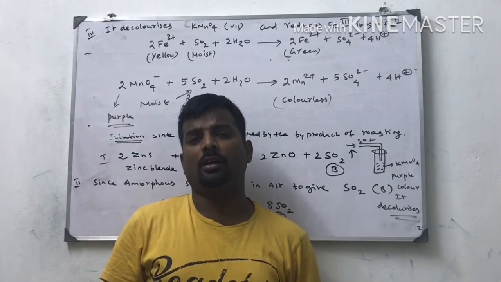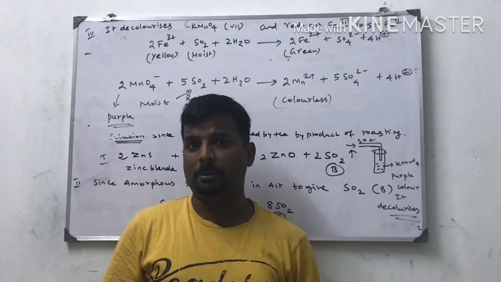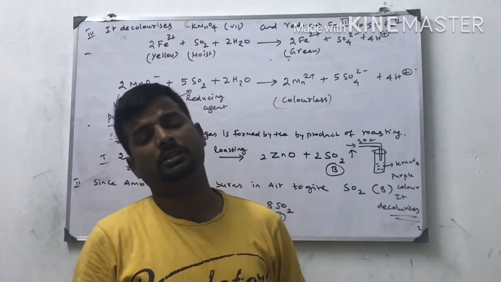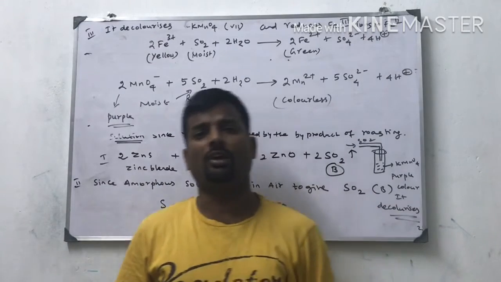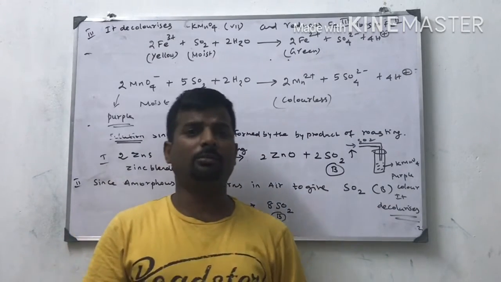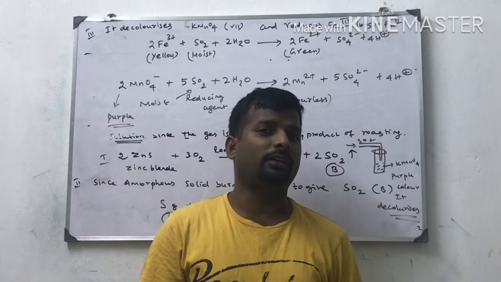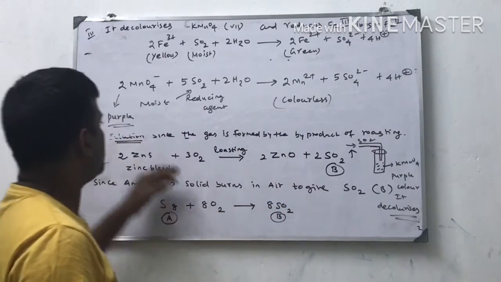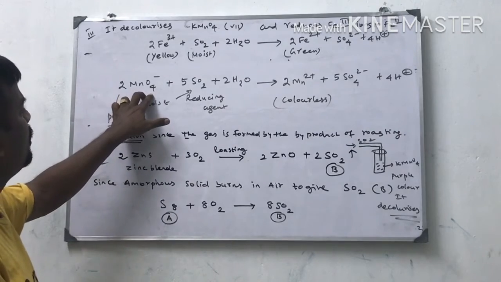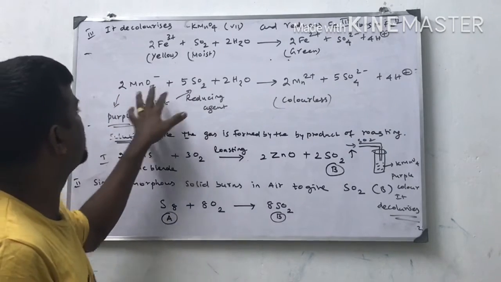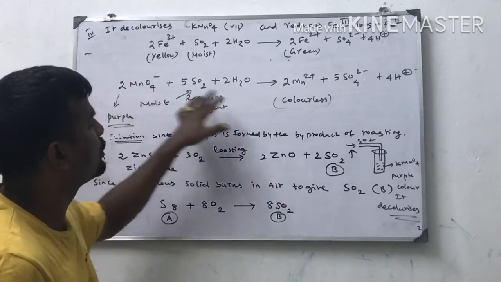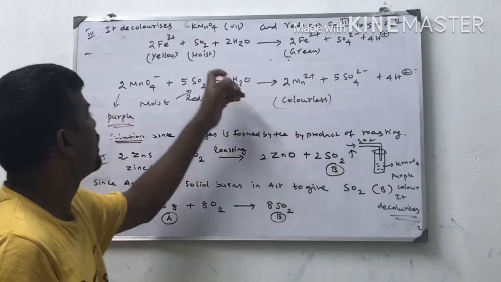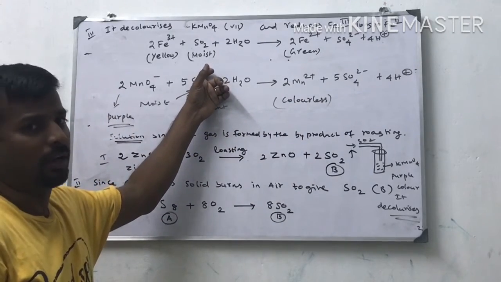In chemistry, oxidation means gain of oxygen and loss of hydrogen. Reduction means loss of oxygen and gain of hydrogen. Here, in this reaction, oxygen is lost, therefore reduction takes place. MnO4- is reduced to Mn2+ by the reducing agent sulfur dioxide.